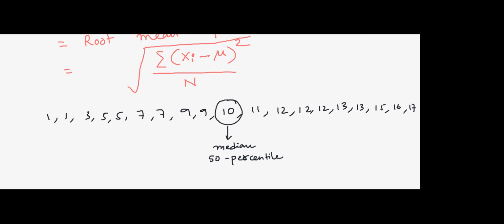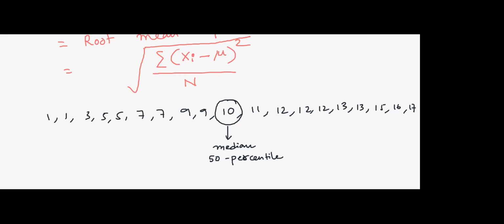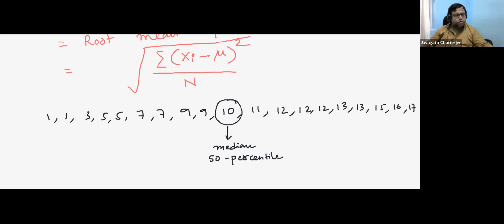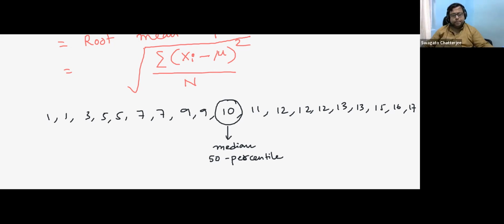Because below that is the 25th percentile. 19 observations are there. 25% of 19 is how much? 4.25. Okay. So 4.25 observations have to be lower than the value.